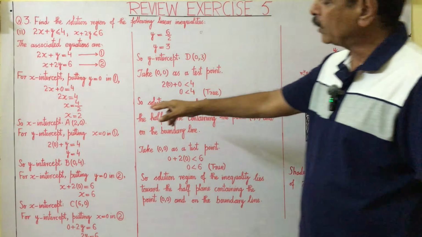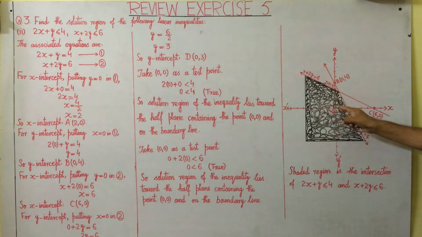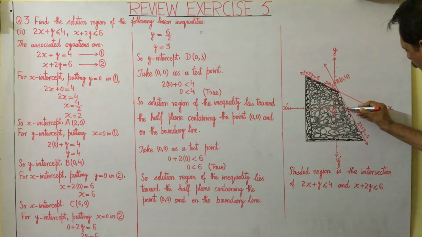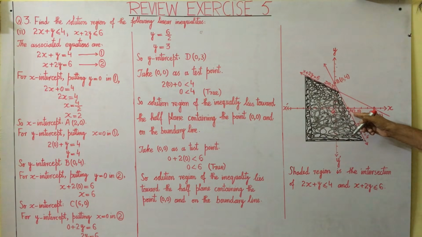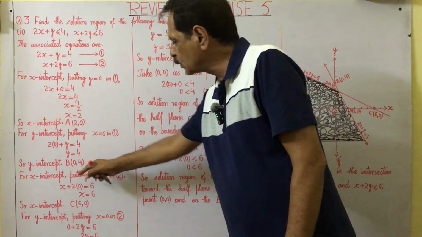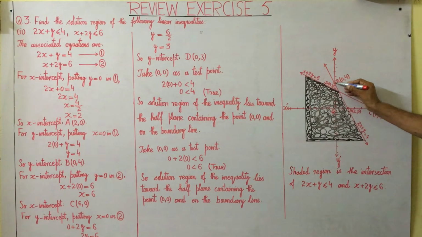First of all, you see point A has coordinates 2 and 0. 1, 2. This is point A having coordinates 2 and 0. Point B, 0, 4: 1, 2, 3, 4.